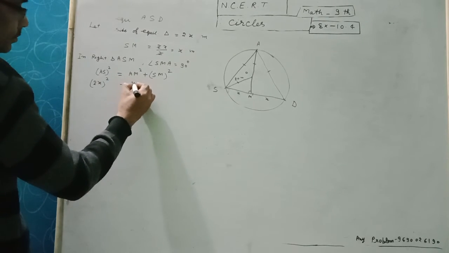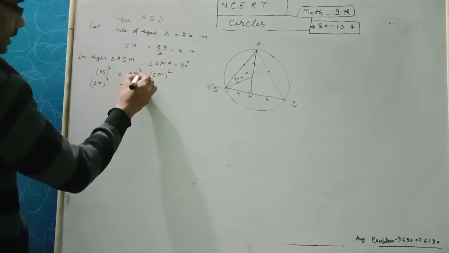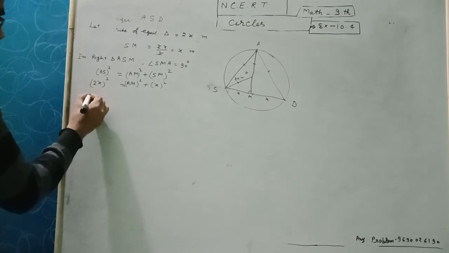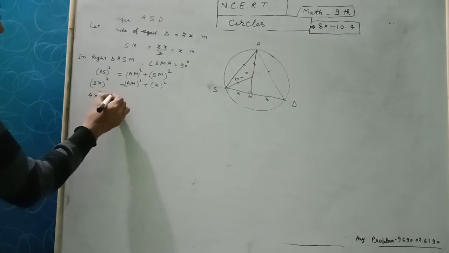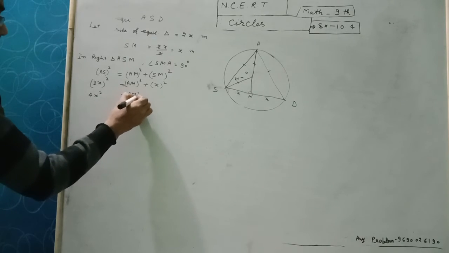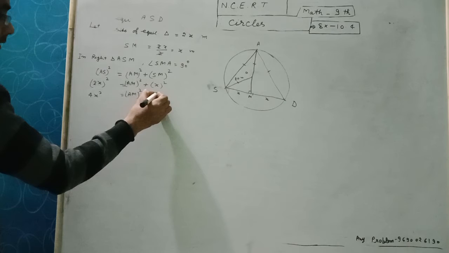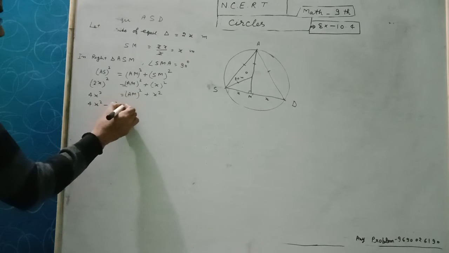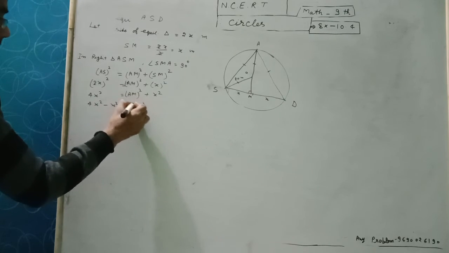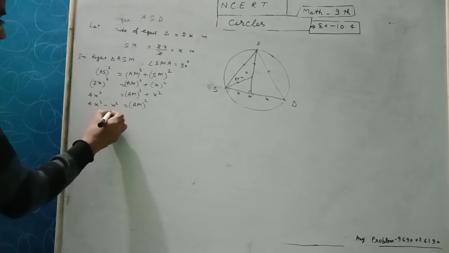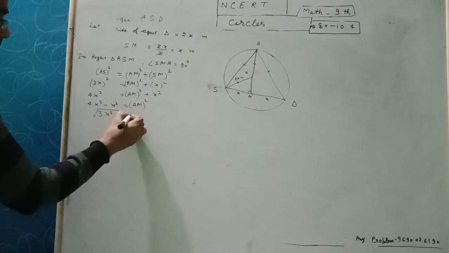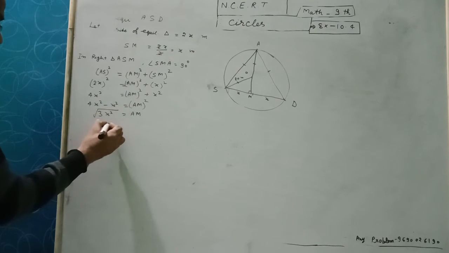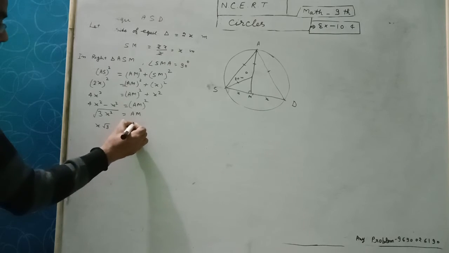AM square plus SM value is x. So 4x square is equal to AM square plus x square. After minus x square, it is equal to AM square. 3x square, under root, AM is x under root 3, which is the value of AM.